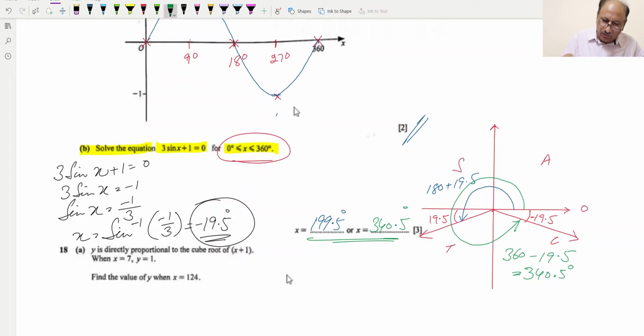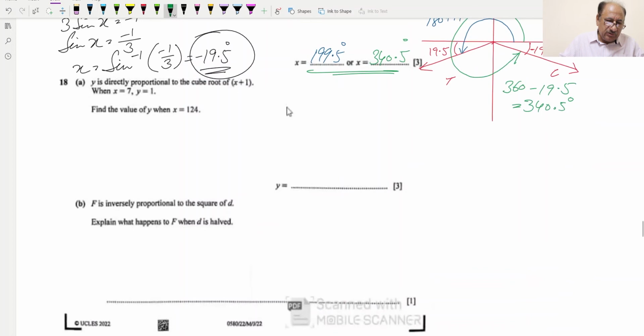This is done. Now we can move to question number 18, and question number 18, part A, says y is directly proportional to the cube root of x plus 1. So what is the meaning of this line? It means y is directly proportional to the cube root of x plus 1.